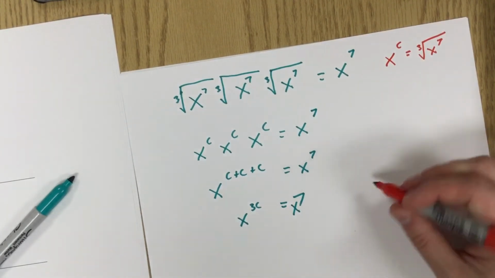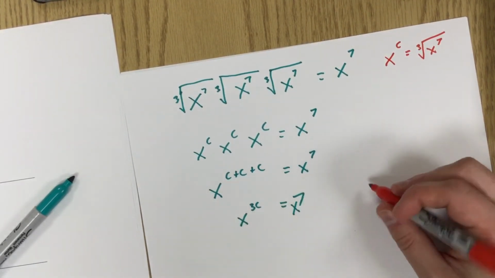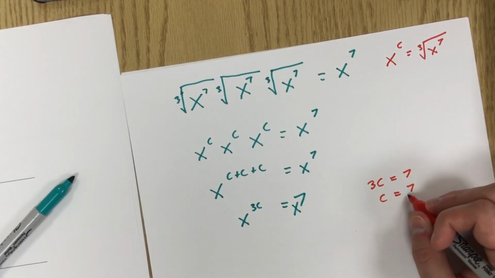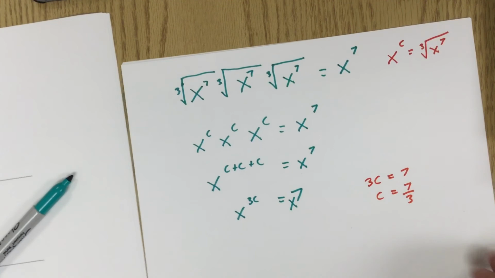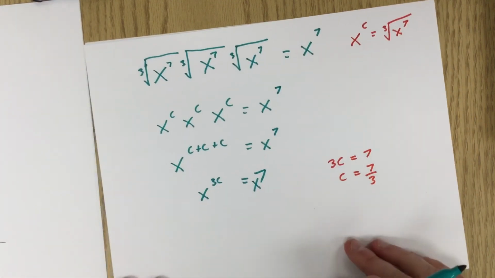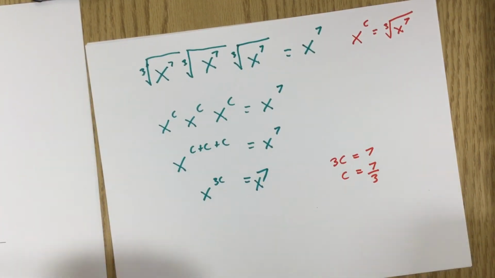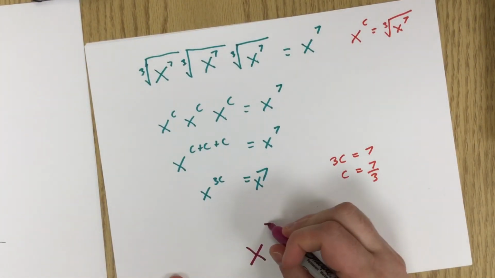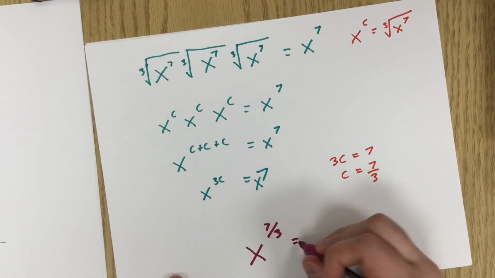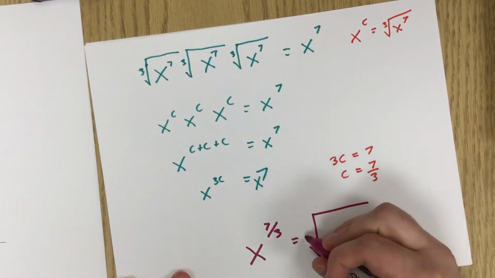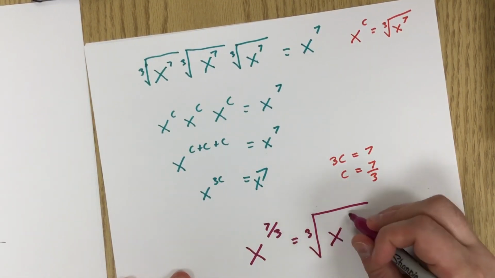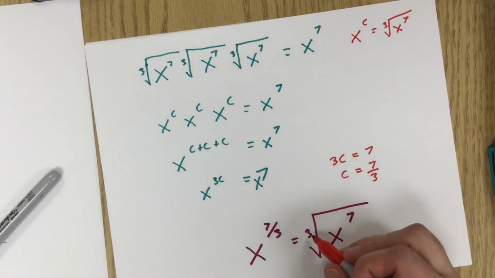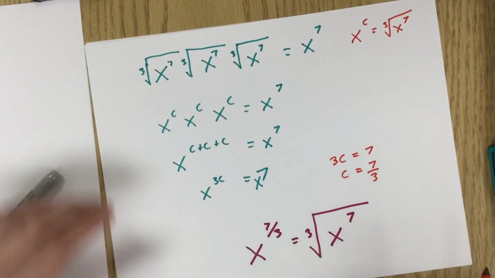So we know that if the bases are the same, the exponents have to be the same. 3c equals 7, c equals 7/3. Or, to write it in another way, x to the 7 over 3 equals the cube root of x to the 7. And if we look at it, the denominator is the root, and the exponent kind of stays as an exponent.